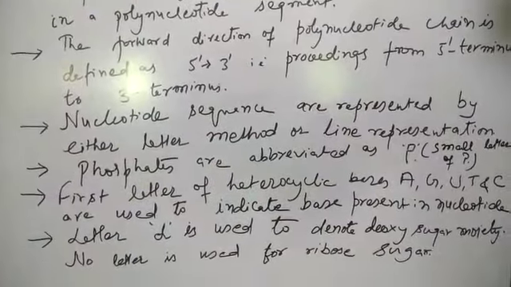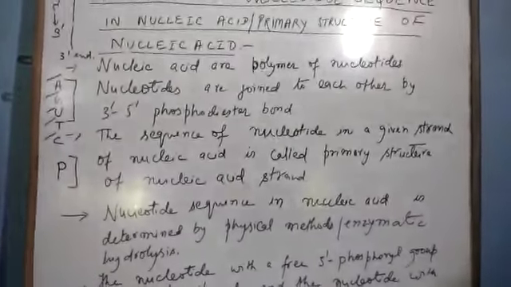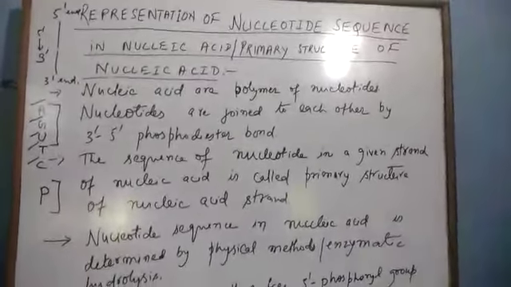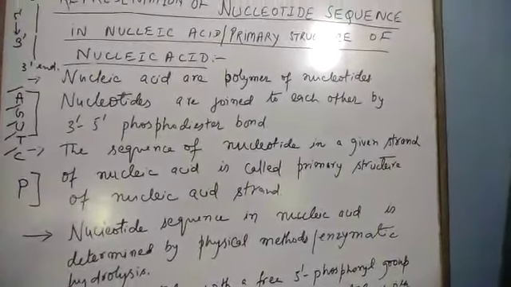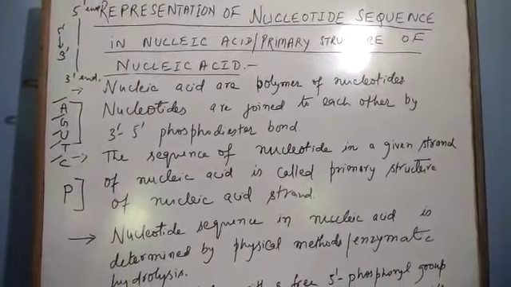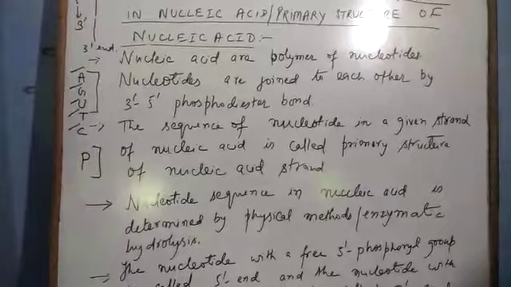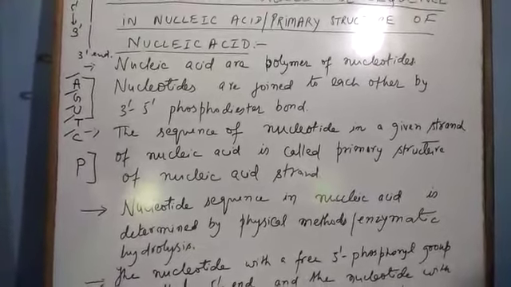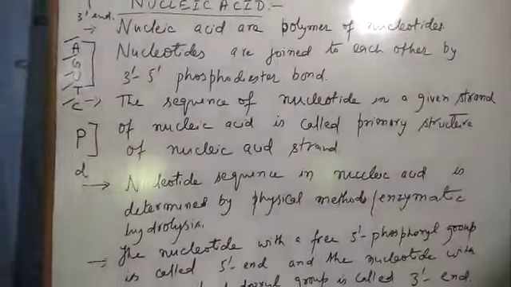Okay. Now what is left? You have bases, you have phosphate. How to represent sugar? For ribose, no letter is used. For ribose, you don't use any letter. But if the sugar is deoxyribose, that is when we are talking about DNA, you use a small d.